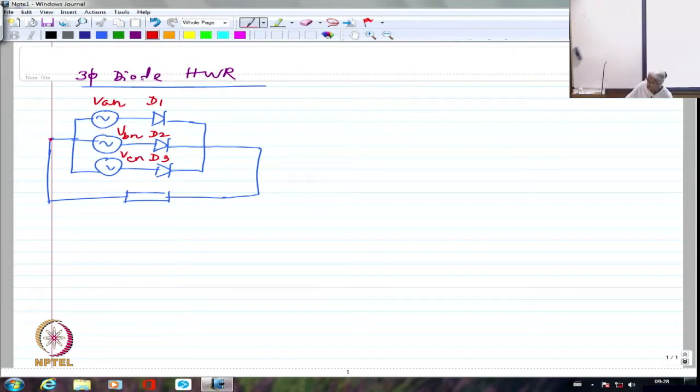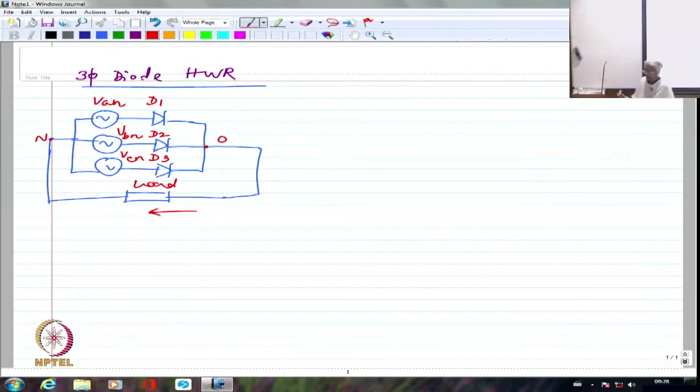So we are going to have essentially the current flowing in this direction. This will be the load current, which is unidirectional. Right, because either D1 will conduct or D2 will conduct or D3 will conduct, depending upon whichever is the most positive voltage at that point in time.